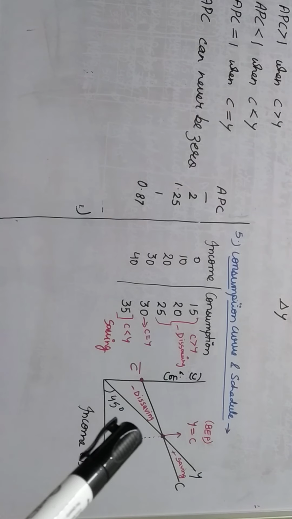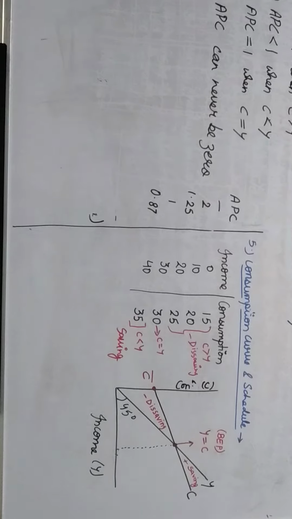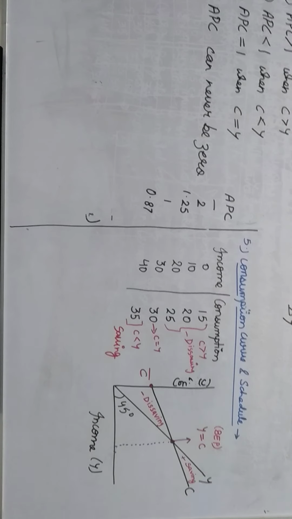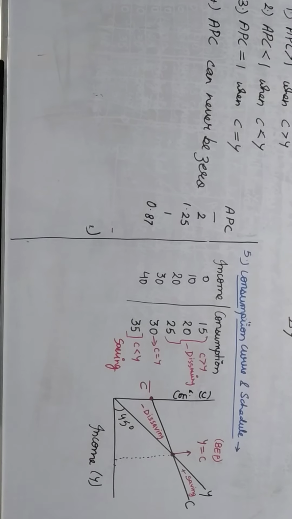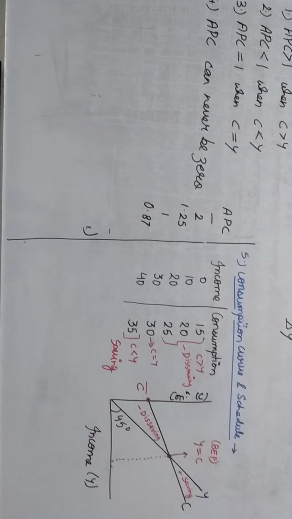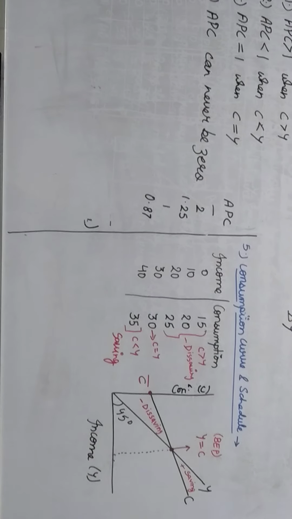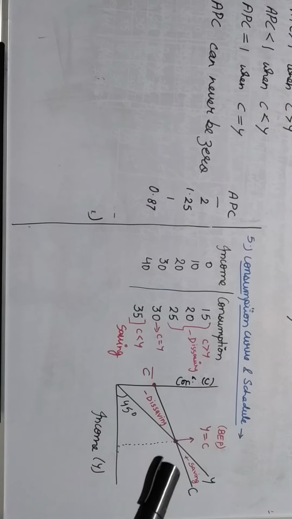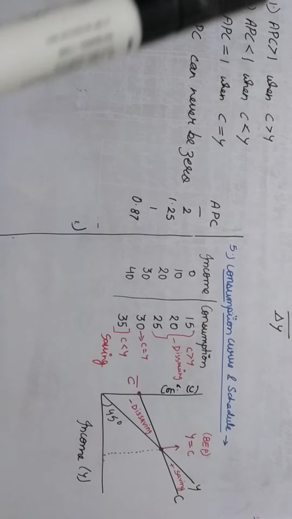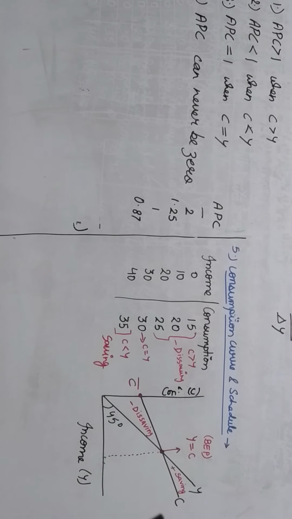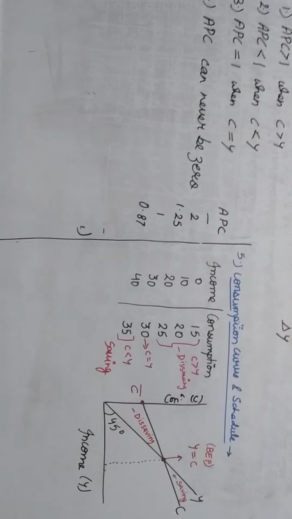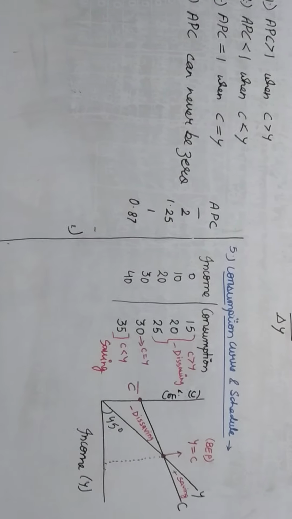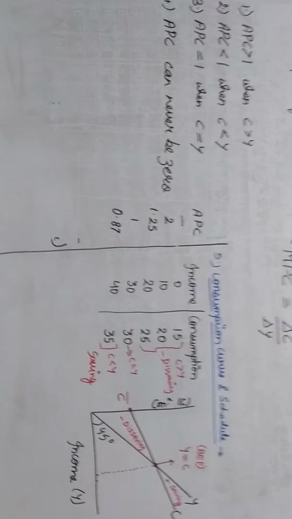Before this break-even point, where this saving is shown negative. The value of APC can be greater than 1 when consumption expenditure is more than national income. You can see your income curve is downward and the consumption curve is going upward. So APC can be greater than 1 in only one condition, that means before the break-even point. Whatever portion is before the break-even point, there APC can be greater than 1.